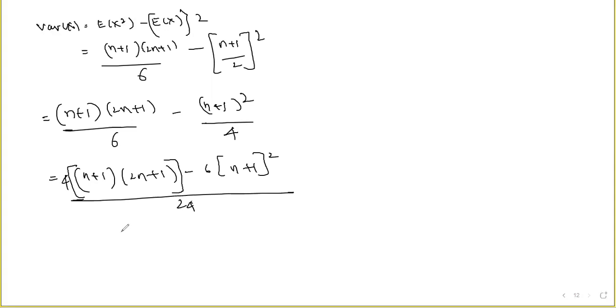So now when we apply this formula and multiply by 6, here first multiplied by 4 inside, 4n plus 4, right?